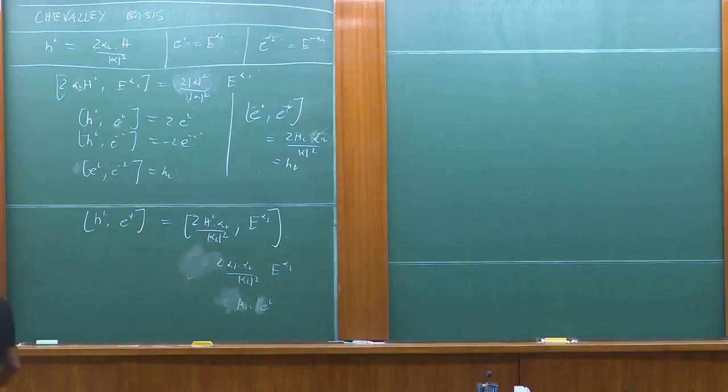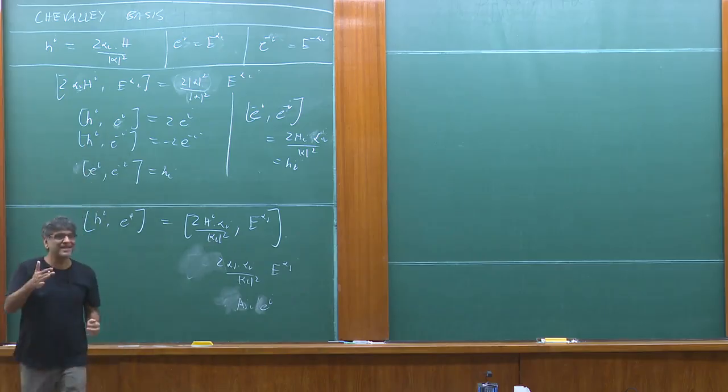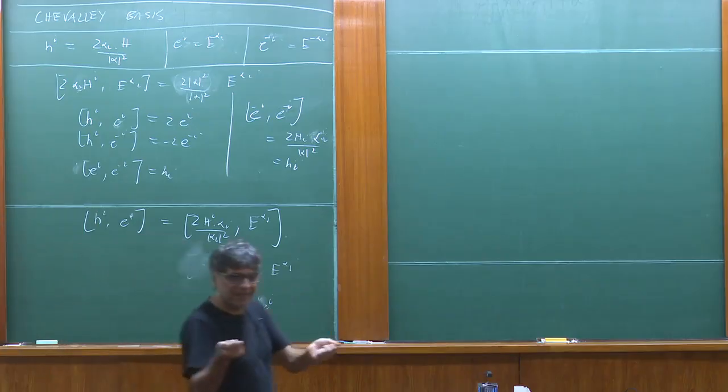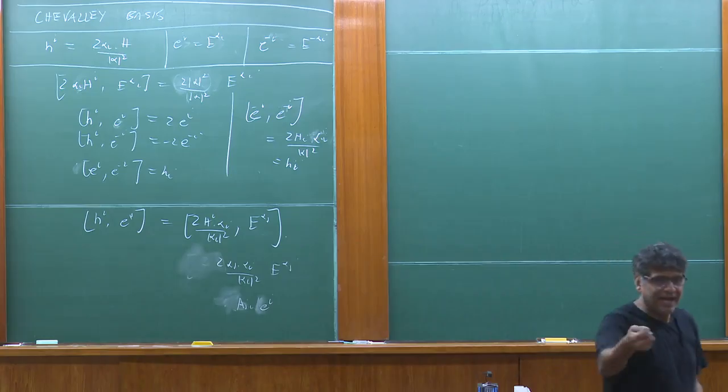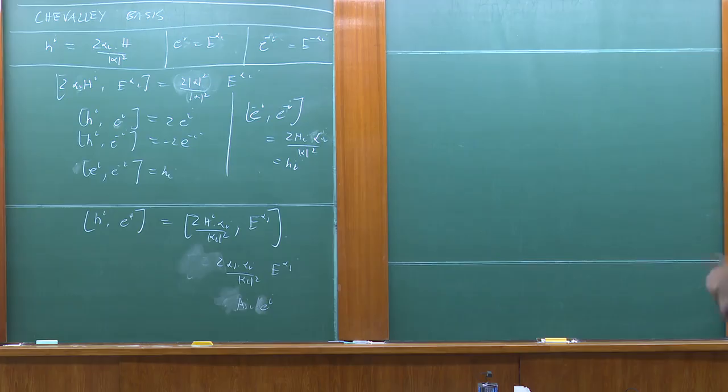We see that the weights of E_I under the Cartan matrix H_I are just 2. But the weights of E_J under the Cartan matrix H_I is given by the Cartan matrix element AJI. This clear?